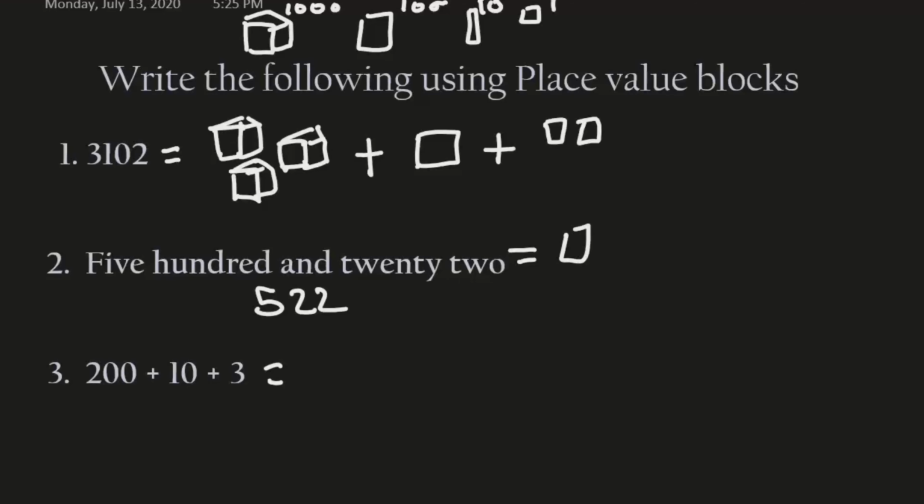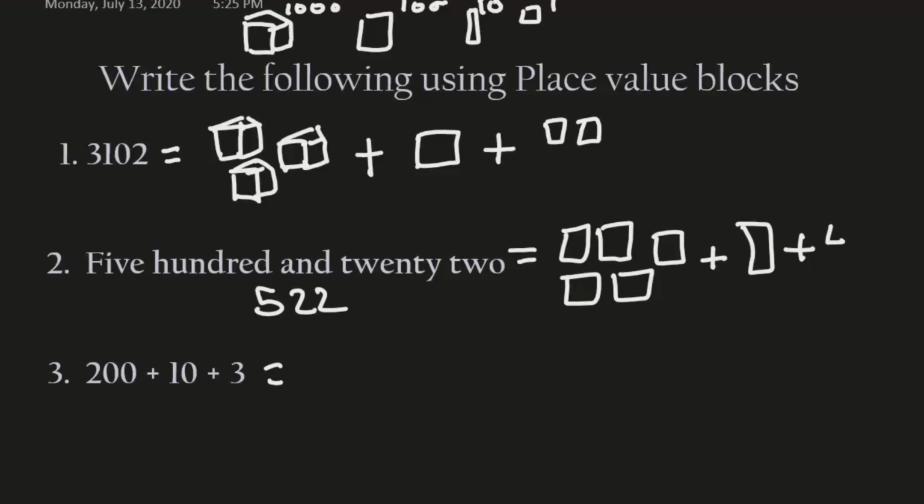So 5 squares. And 22. So plus 2 tiny rectangles and 2 tiny squares. Sorry about that. I messed up.